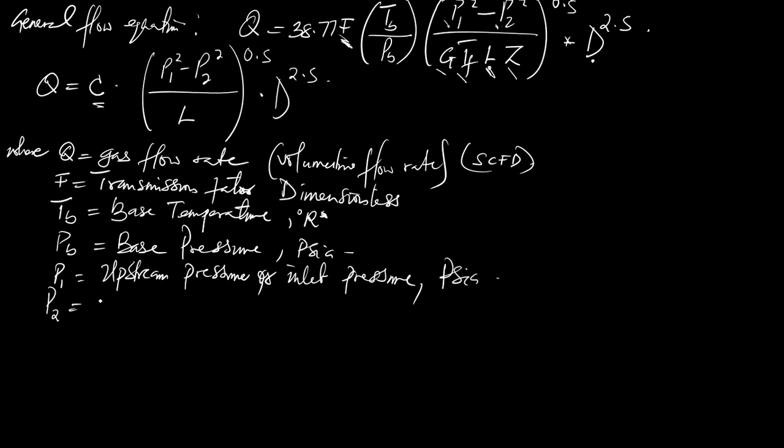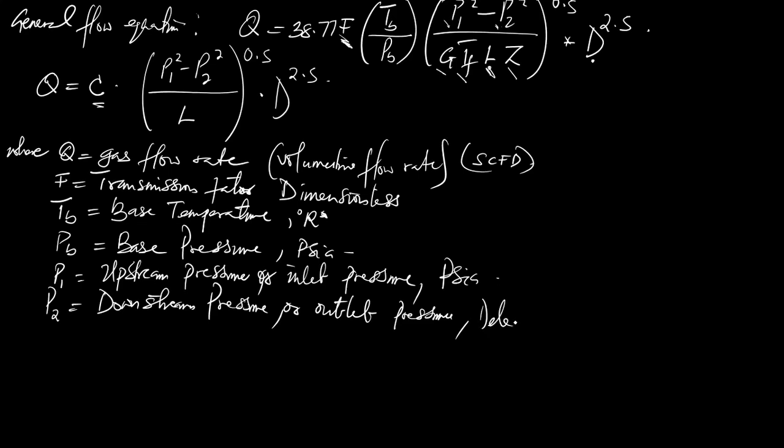Then P2 is the downstream pressure, or the outlet pressure, or you call it the delivery pressure if it is at the last. So this is in PSIA.